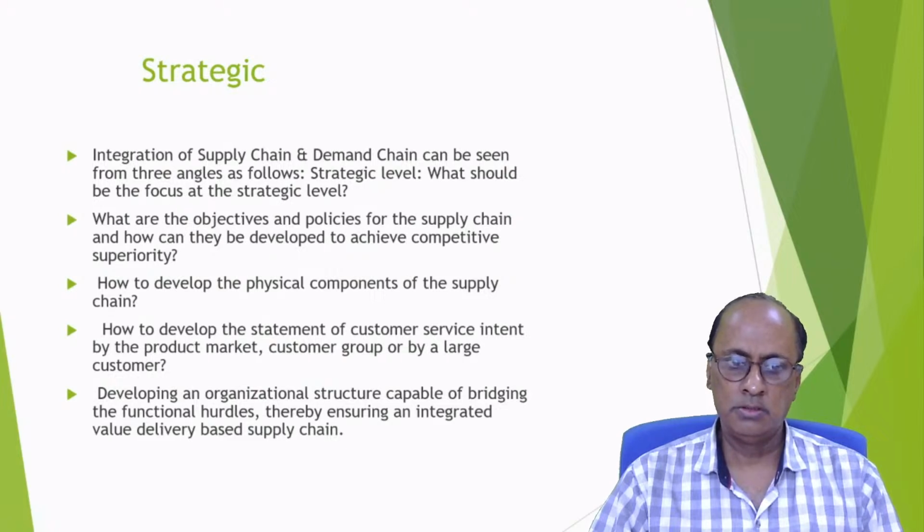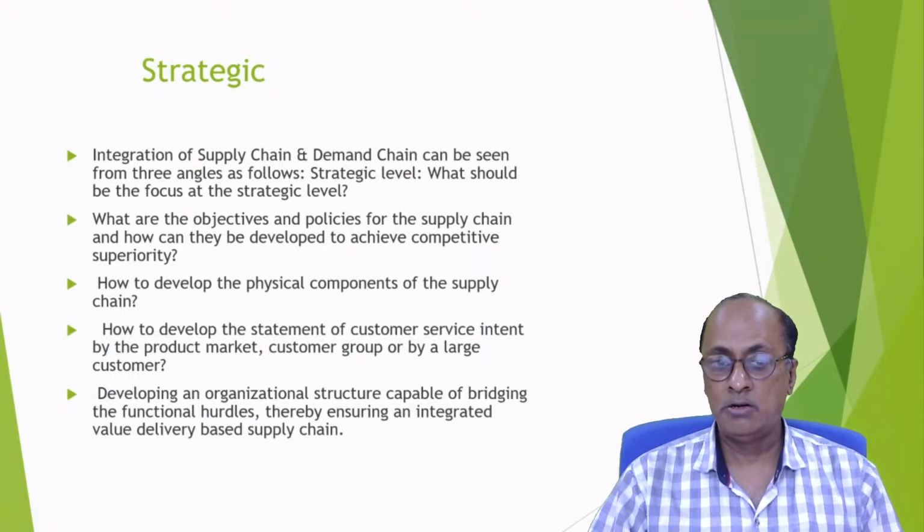Generally, these people spell out the objectives and policies of the supply chain, and how we can develop them to achieve competitive superiority. So at the strategic level, we have to spell out the objectives and policies.